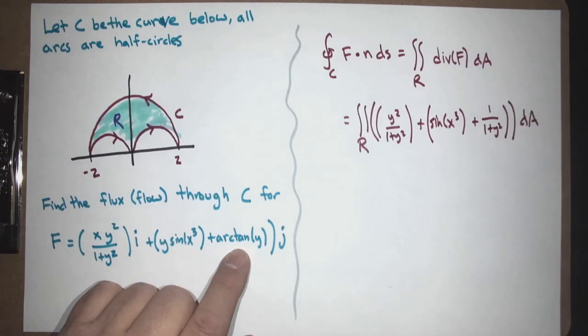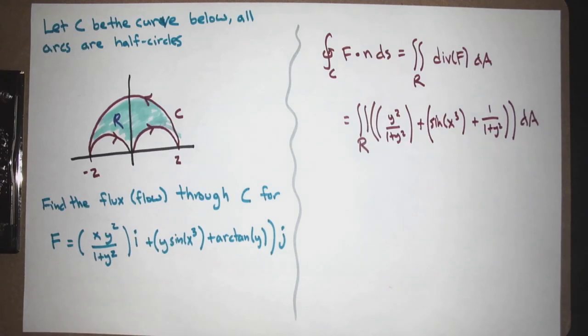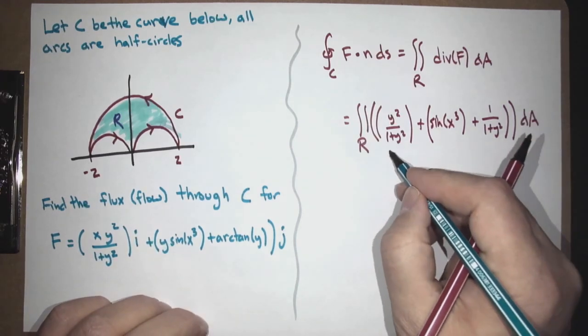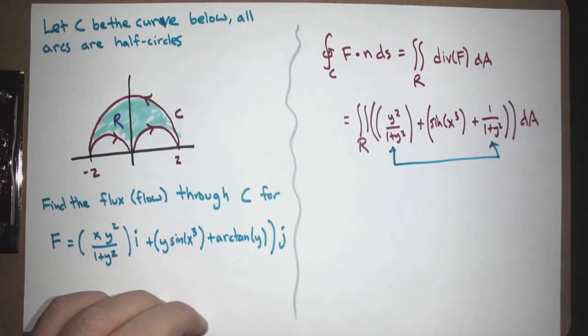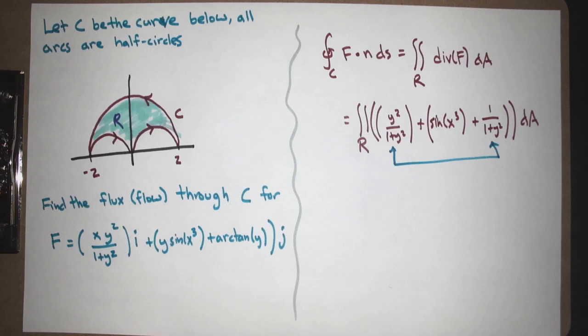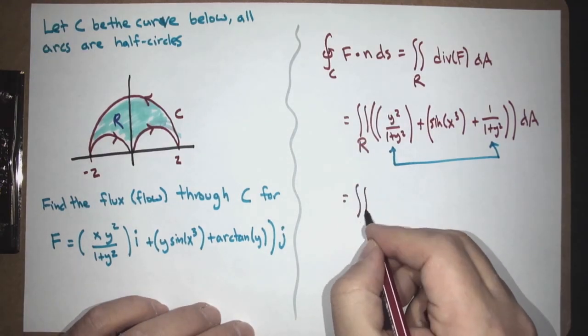Okay. Now, these things seem to be related. Can we tie those together? It's like y squared plus 1 over 1 plus y squared, aka 1.